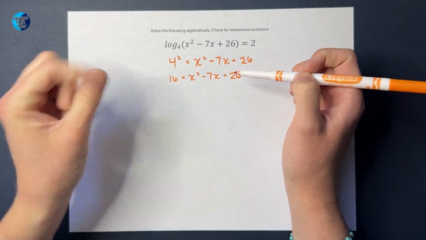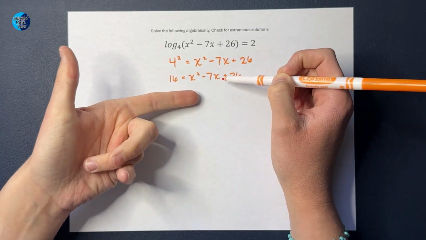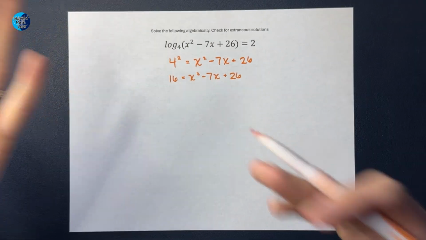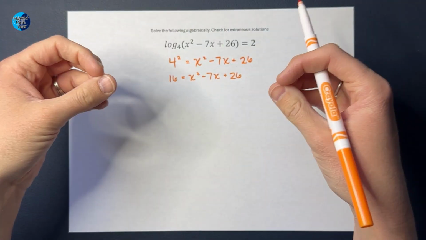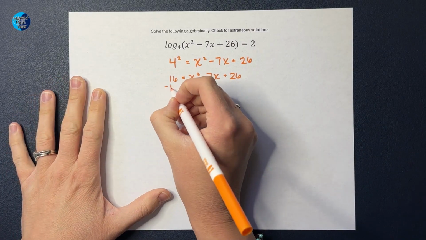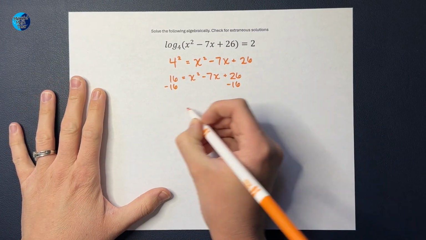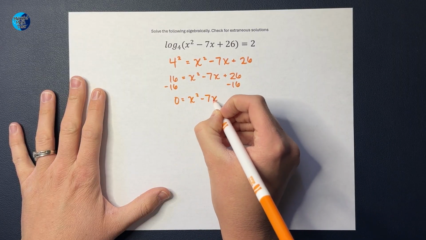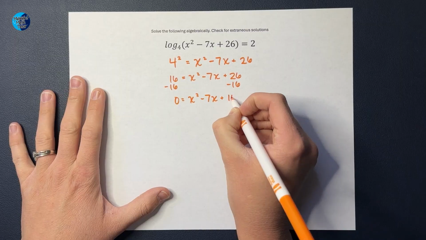So I know that I can't quite get my x's alone if I just try to subtract 26 because I've got one that's squared and one that's not. So we're going to get everything on the same side. So I'm going to subtract 16 from both sides and have 0 equals x squared minus 7x plus 10.